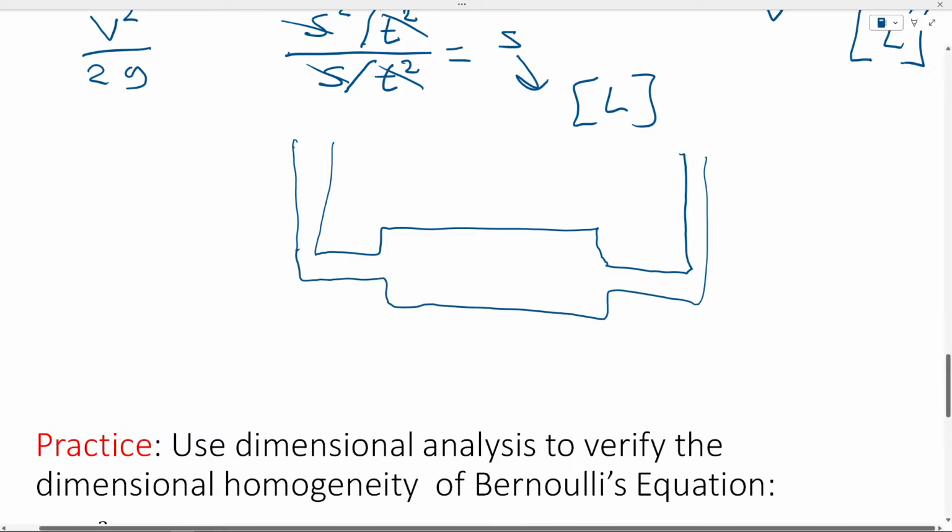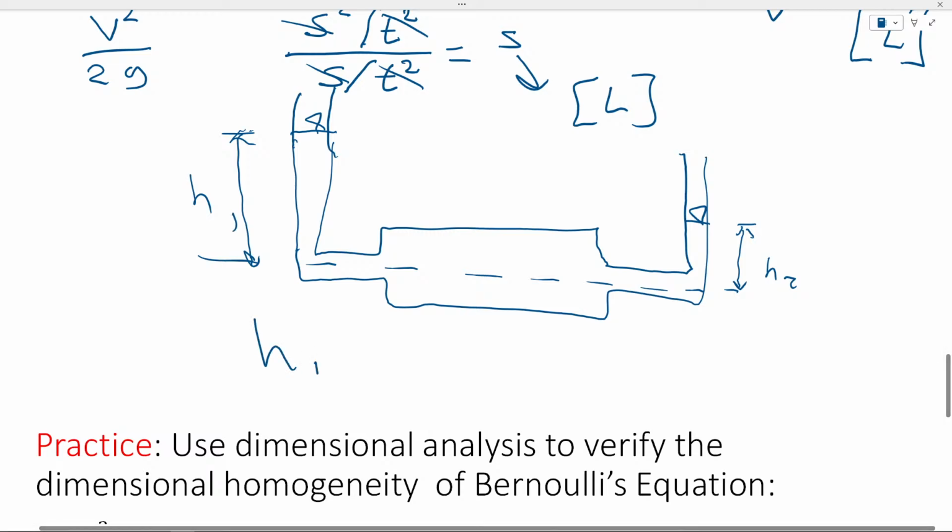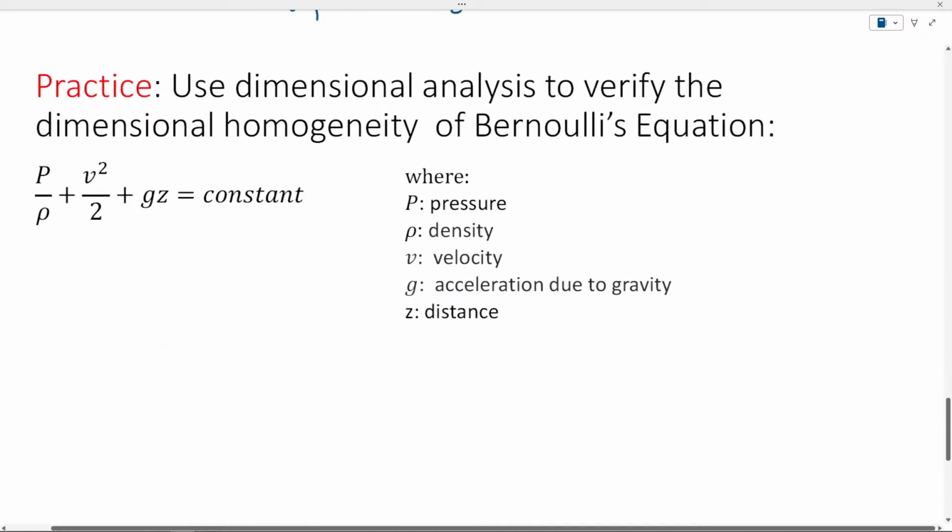Let's say this is H1 here, and that is H2. You see H1 has higher energy than H2. So I'm measuring energy here in terms of length. That's what it means.